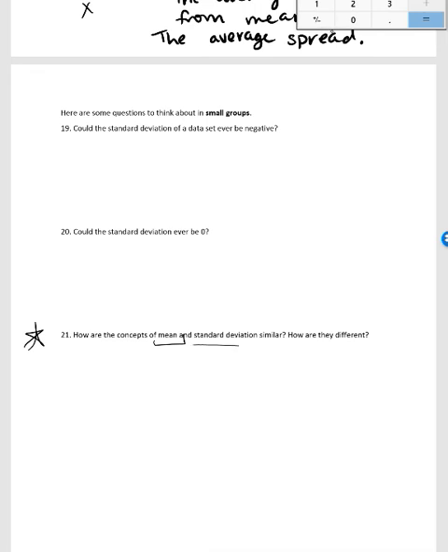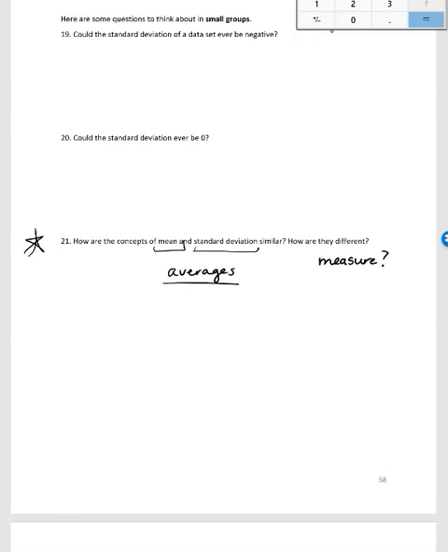Standard deviation, finding that measure of spread, but again, it has to do with averaging something. So I encourage you to think about this idea of averages, but then what are they measuring? What are they averaging? All right, so think about those and then write down your thoughts, and we will discuss at the beginning of next class.